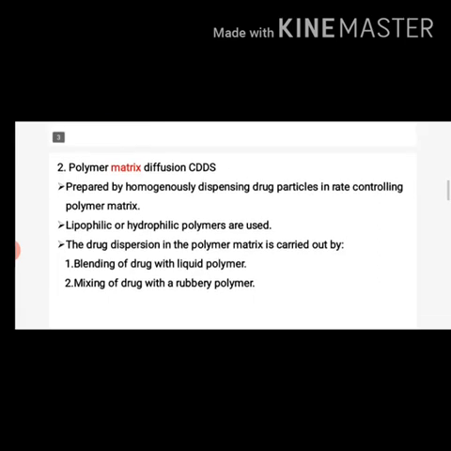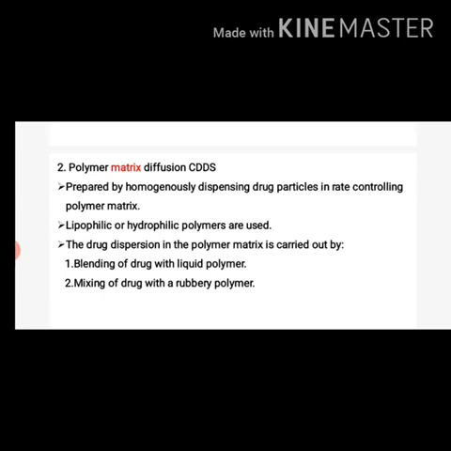Now we discuss the polymer matrix diffusion controlled drug delivery system. This system is prepared by homogeneously dispersing drug particles in a rate controlling polymer matrix. So the drug particles are embedded in a rate controlling polymer matrix. Lipophilic or hydrophilic polymers are used.